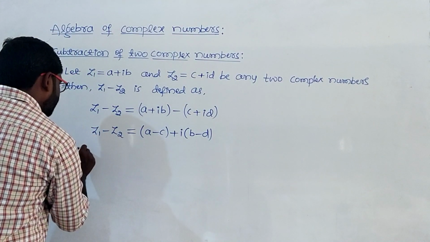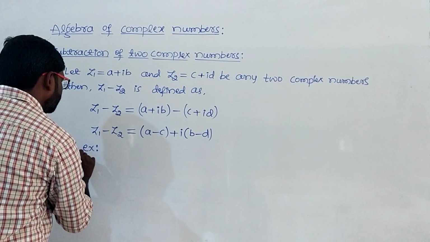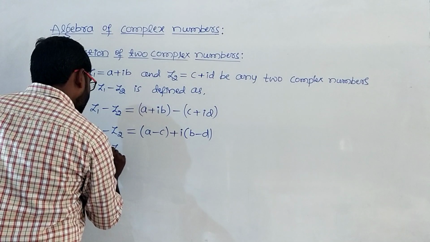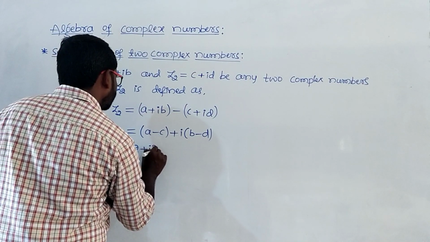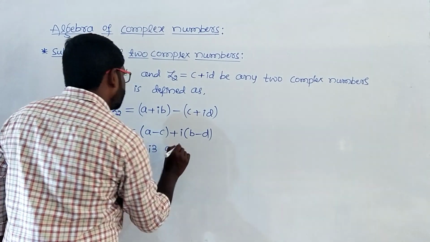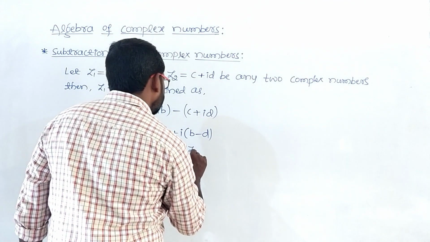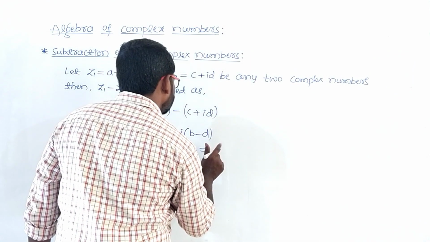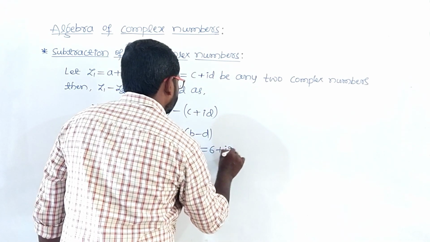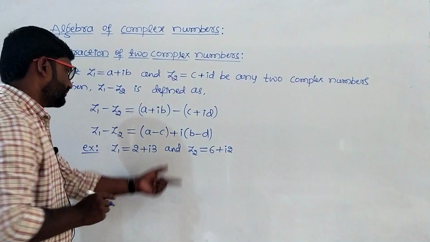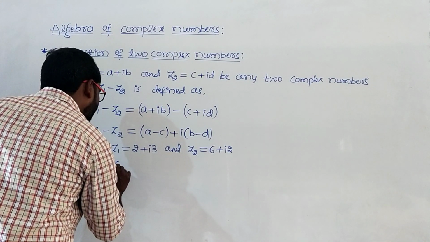Let us take an example for this. Z1 equals 2 plus i3 and Z2 equals 6 plus i2. Now we shall go for Z1 minus Z2.